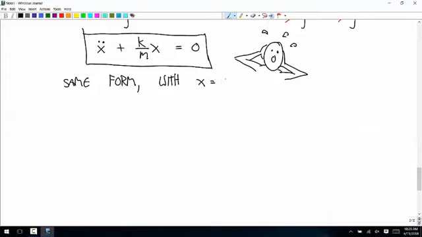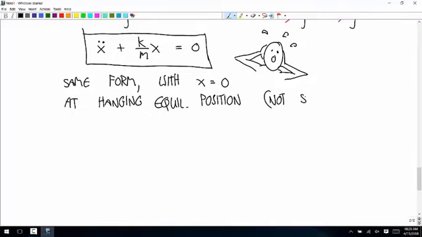So x equals 0 at the hanging equilibrium position, not at the spring's resting length. Okay, so the oscillations are going to happen around that equilibrium position, not around the resting length of the spring.